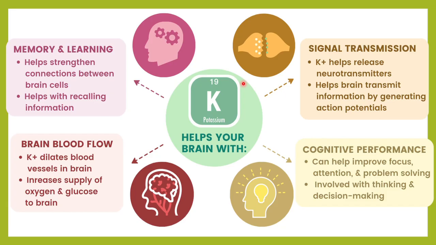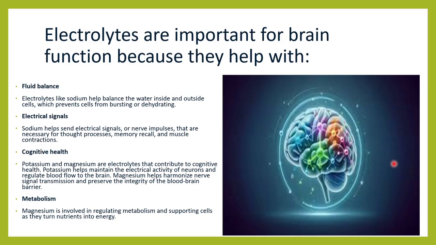Electrolytes are important in maintaining brain function also. For example, potassium helps in memory, helps in learning, helps in increasing the blood flow in the brain, helps in signal transmission and the production of neurotransmitters, and enhances cognitive performance.